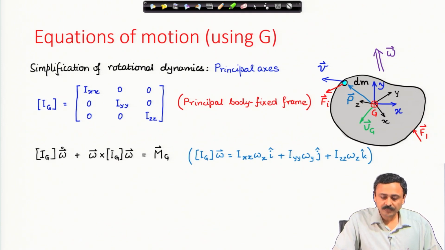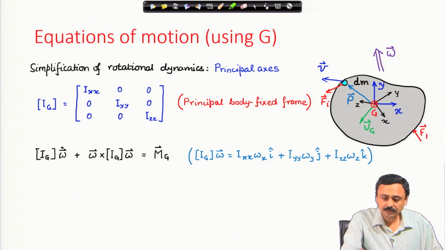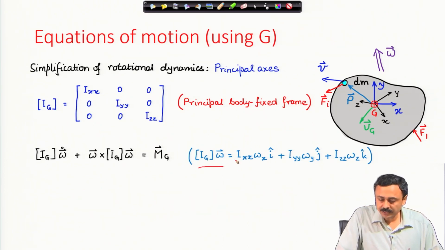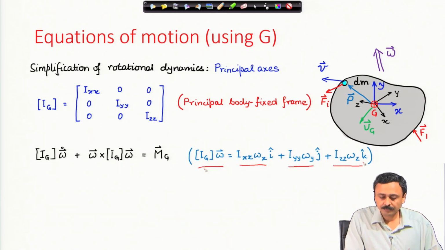Therefore, the angular momentum expression, which is I g times omega, becomes very simple: I xx omega x I cap plus I yy omega y j cap plus I zz omega z k cap. This becomes extremely simple. This is the angular momentum, this is h g vector.